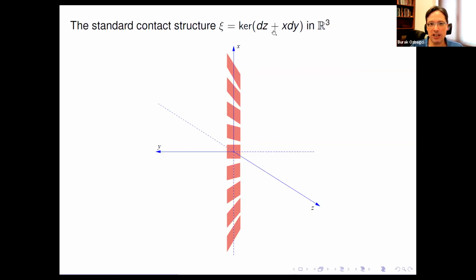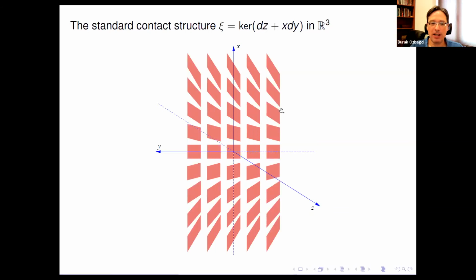Since the form is independent of y, along every axis parallel to the x-axis, you will see exactly the same thing. And we're done with the xy-plane, and in all the planes parallel to the xy-plane, you will see a copy of this. Right? You fill in the space with these planes, which is called the standard contact structure, and every contact 3-manifold actually looks like this locally.